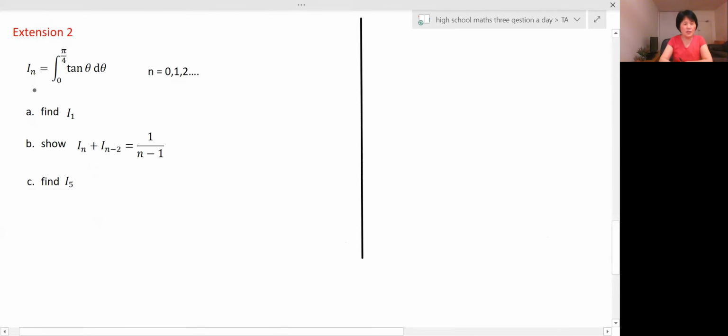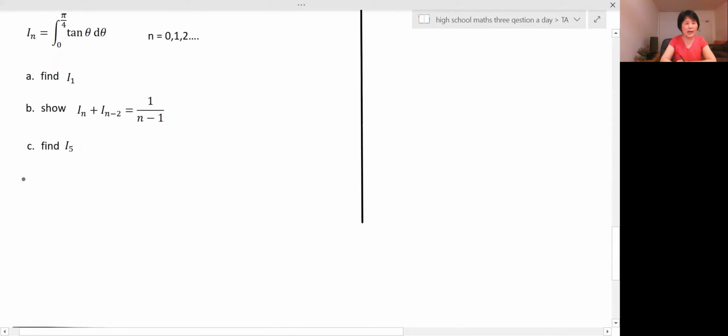Okay, so the question is to find the integration. They give us Rn equal to the integration from 0 to pi over 4 of tangent to the power n of theta d theta. This n is a positive integer. Okay, first one, I1.